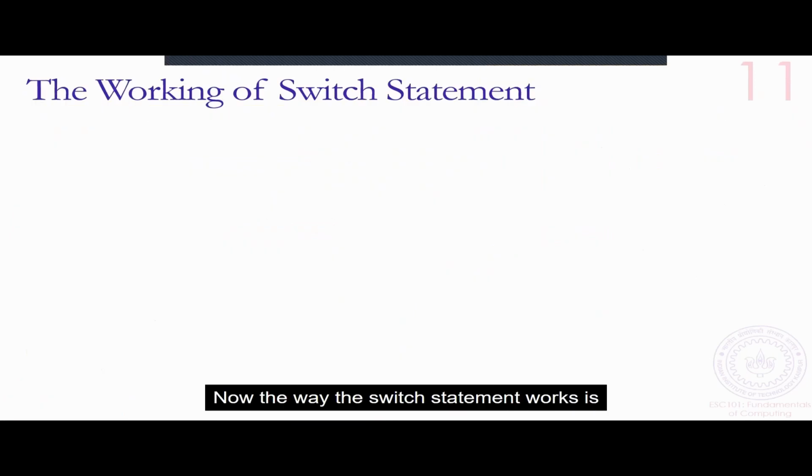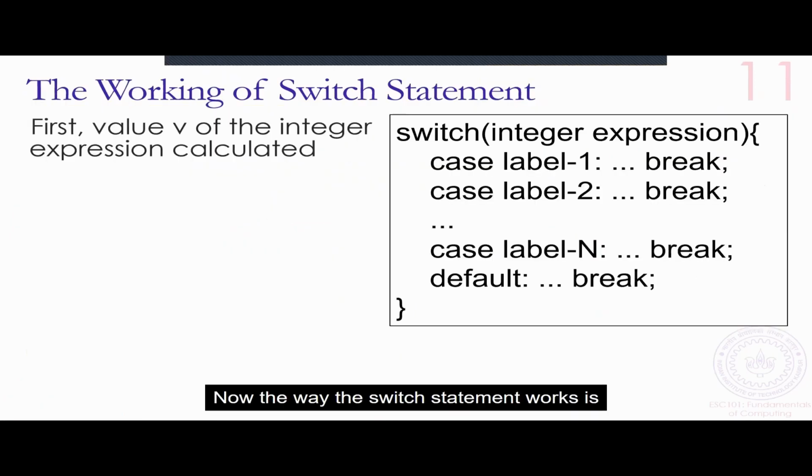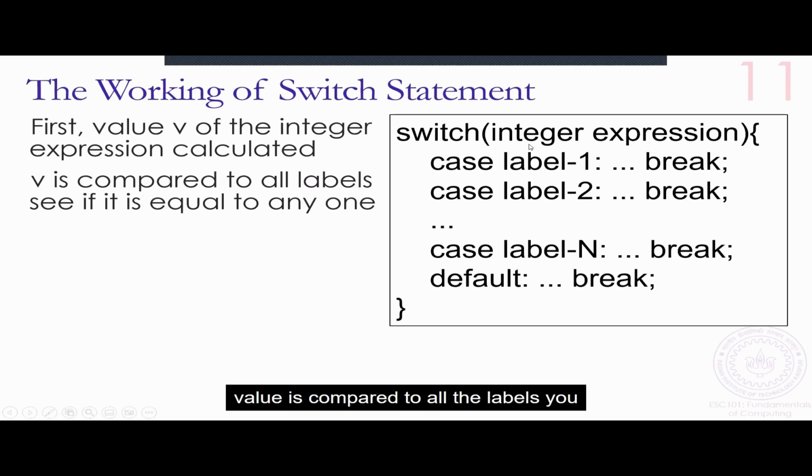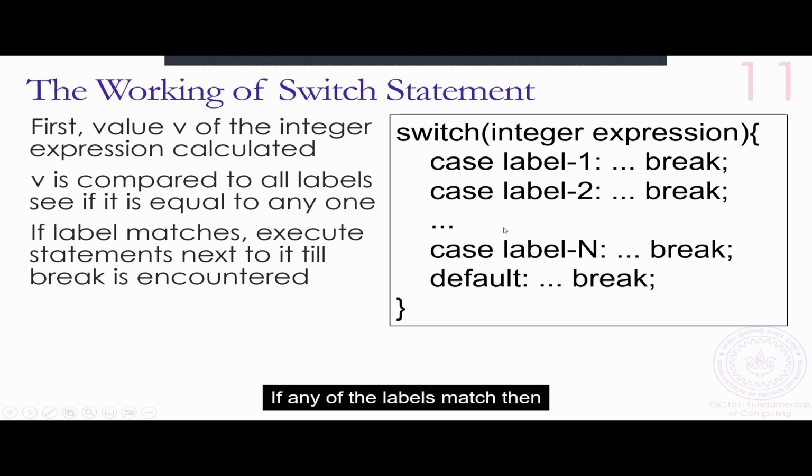Now, the way the switch statement works is that first the value of the integer expression is calculated, and then that value is compared to all the labels to see if it is equal to any one of them. If any of the labels match, then the statements next to the label are executed one after the other until the break statement is encountered.